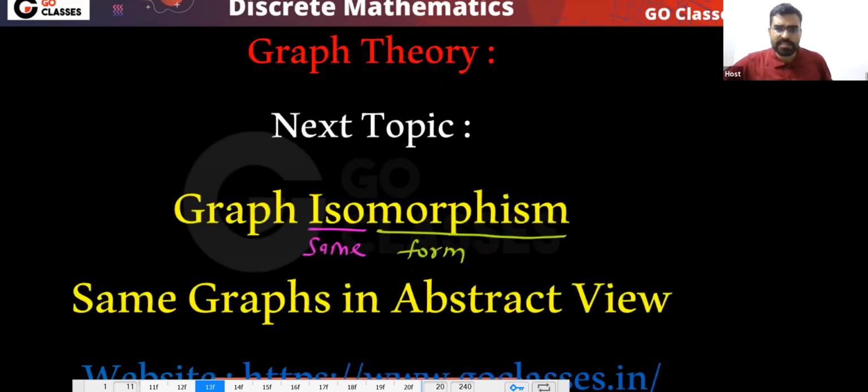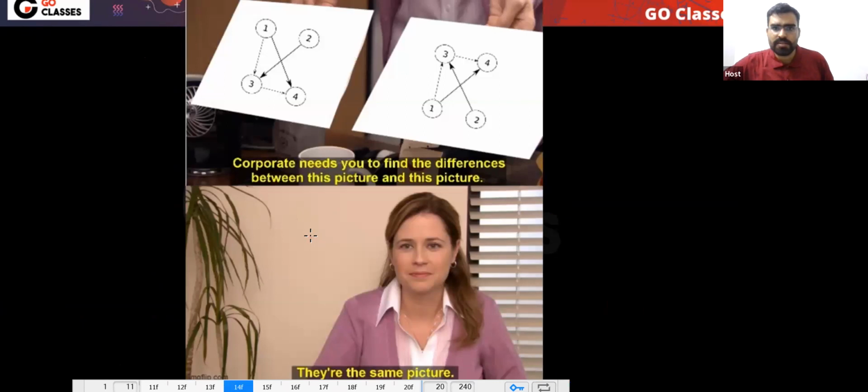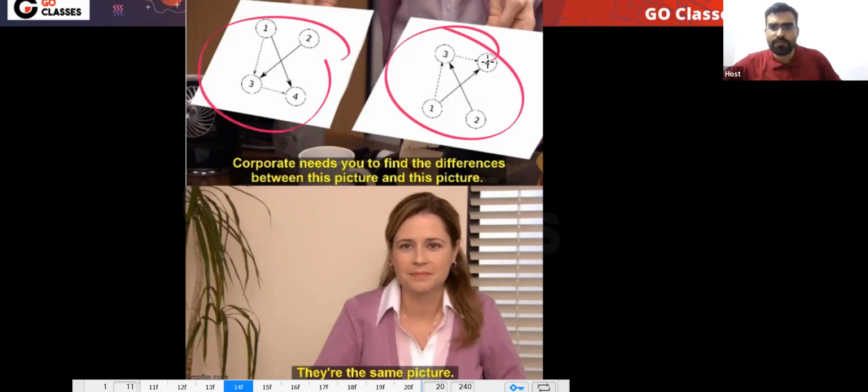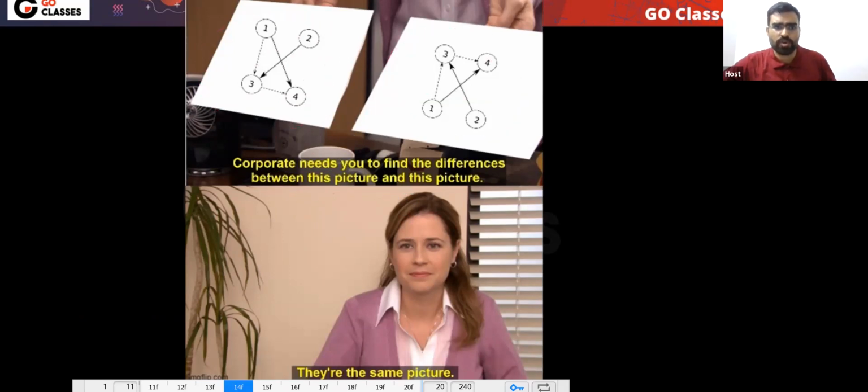Now let's see some examples. This is a popular meme nowadays, maybe you have seen it. Find the difference between these two graphs. Corporate needs you to find the difference between these two pictures. They are the same pictures because ultimately they have the same thing. The design does not matter.